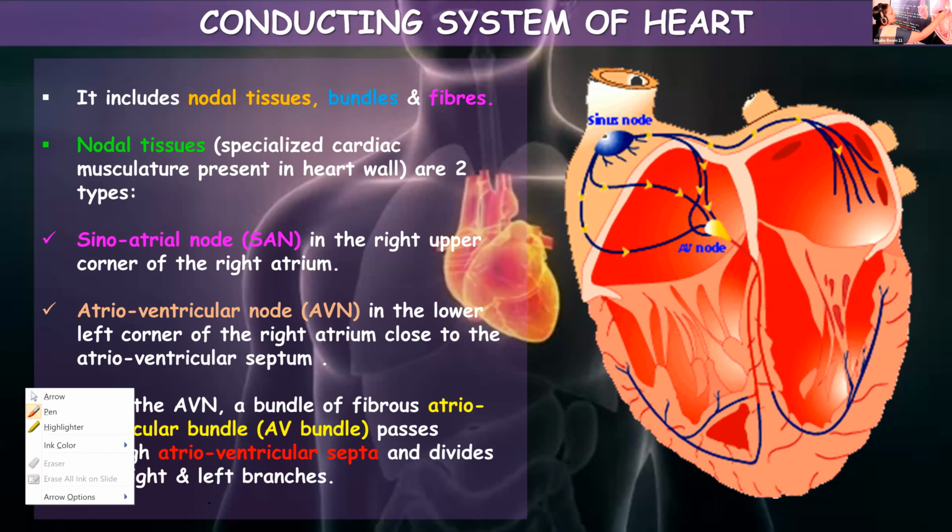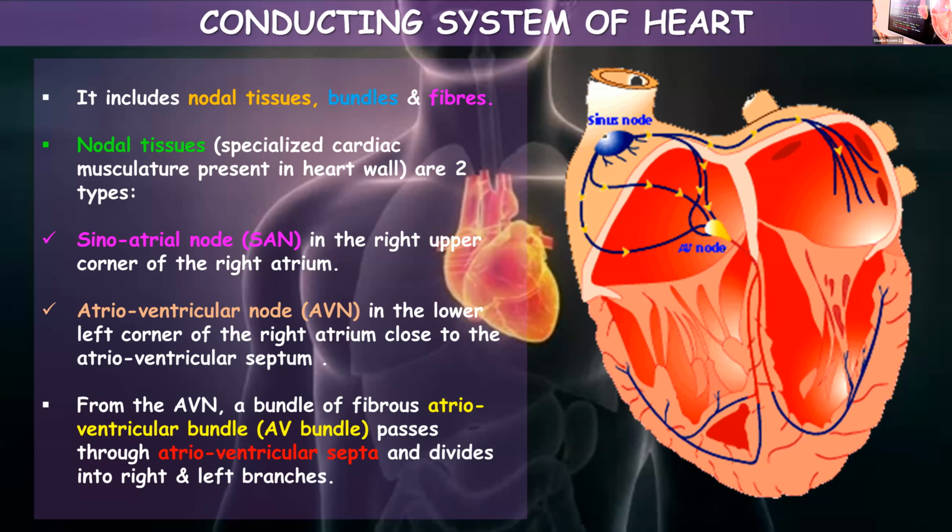From the AVN, as I told you, this is AVN, a bundle of fibers known as the atrioventricular bundle will be passing through the atrioventricular septum, the septum which is separating atrium and ventricle. It will emerge on the top of the interventricular septum, the one which is separating the right and left ventricle.